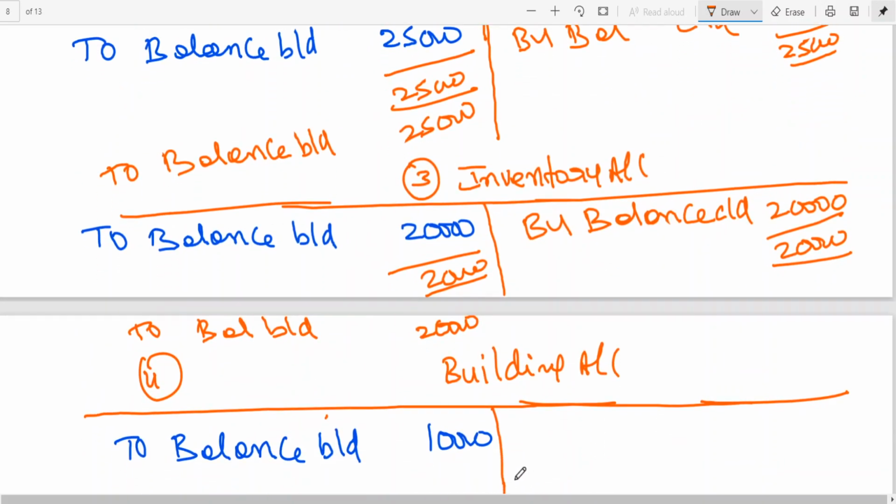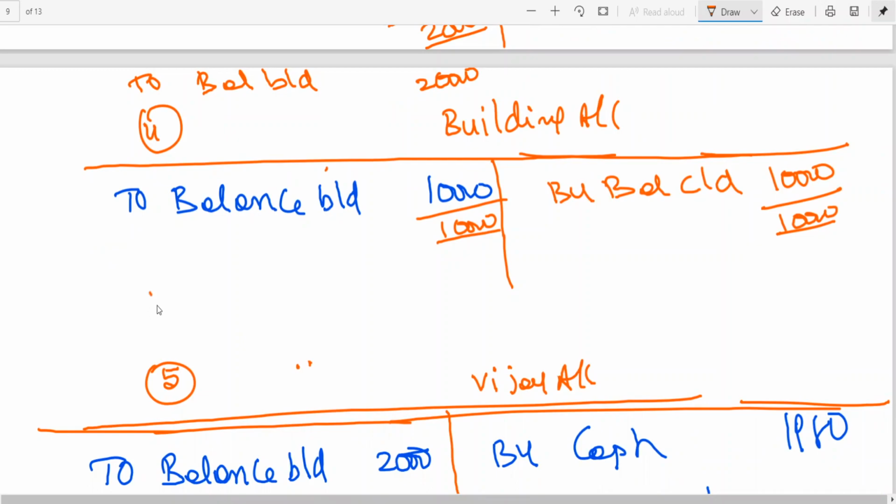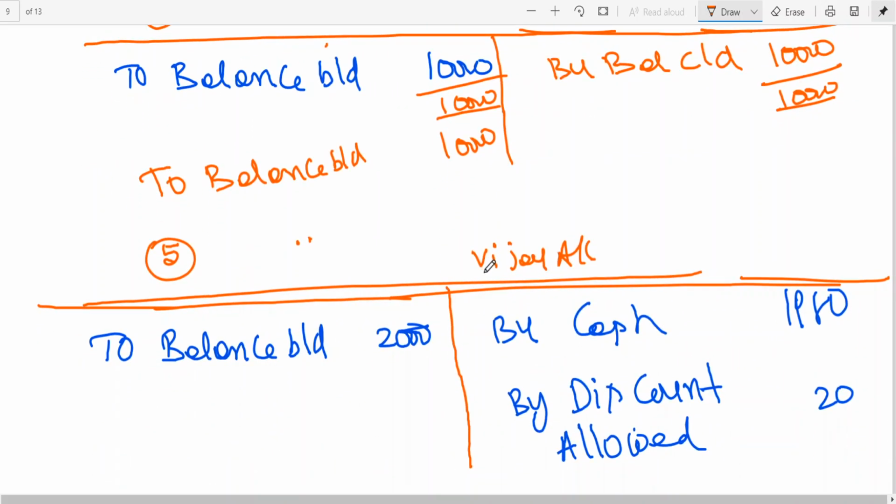Then in the building account also we haven't had any transactions. By balance carry down, as on that date I am going for balancing. This will become the opening balance. To balance brought down. Vijay account, 2,000 debit, 2,000 credit.